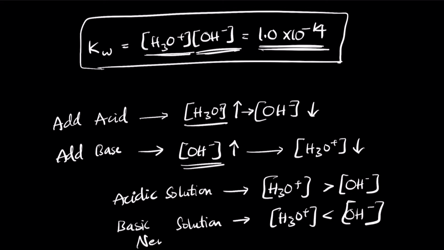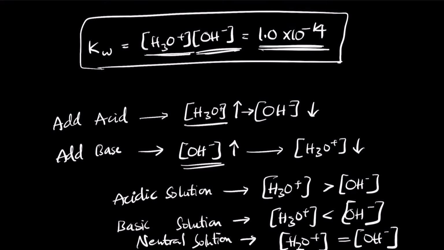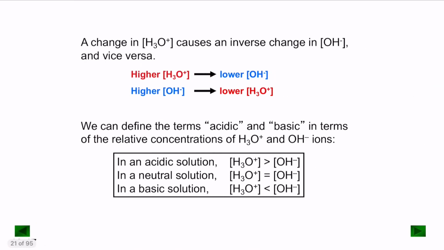But a neutral solution is one where, to maintain that it should be water, they should be equal. So the H3O plus concentration should be equal to the OH minus concentration. That is the idea behind acidic, neutral and basic solutions.